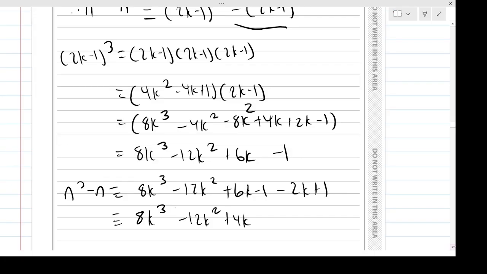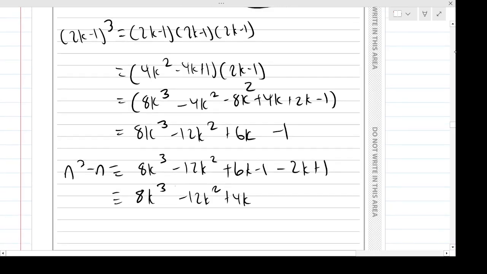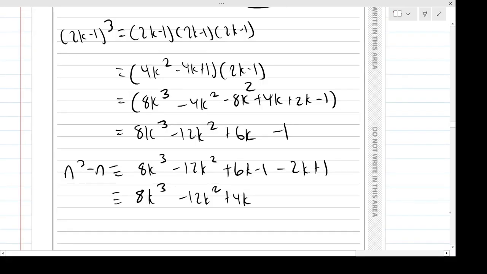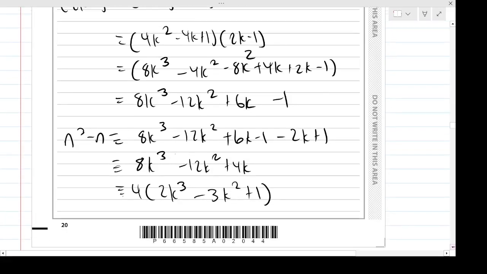So there we are. What's the aim here? It's a multiple of 4, that's what I want to show. So really I want to factorise just the 4 out. So that's 4 lots of 2k cubed minus 3k squared plus k, which is all a multiple of 4.